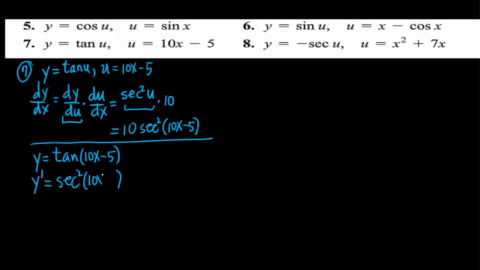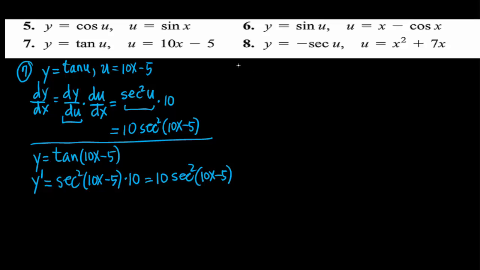Okay, so just copy that same argument. But then you multiply by the derivative of the argument of tangent, which is the derivative of 10x minus 5, is 10. And that tells us that we get the same answer. 10 times secant squared of 10x minus 5. You see how you get the same answer.